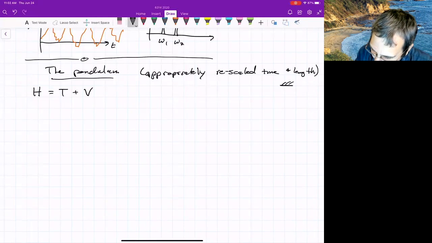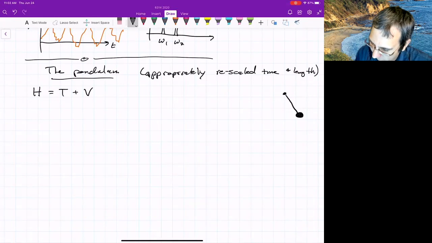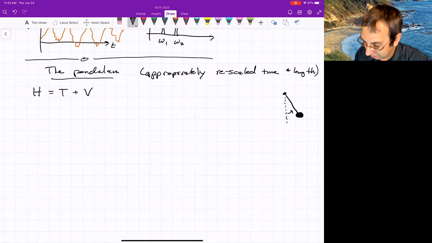I want it to be able to swing all the way around, so here's a pivot point, and then here's the mass. We'll be tracking the angle, which I'll call Q. So this is a planar pendulum. It's 1 degree of freedom.